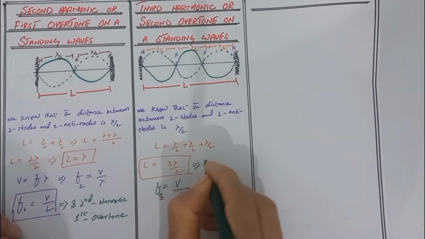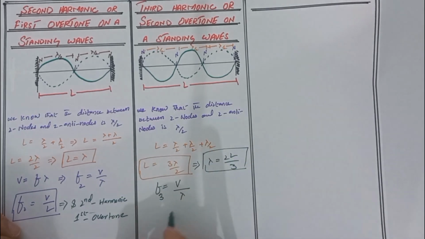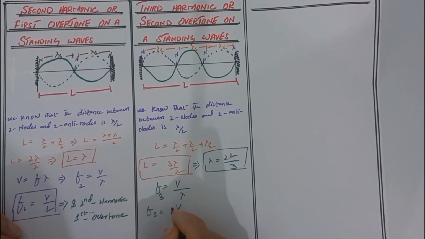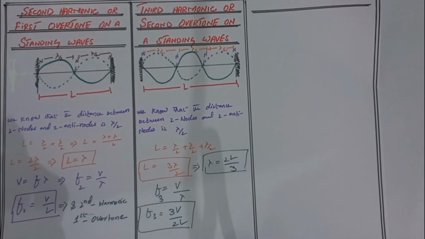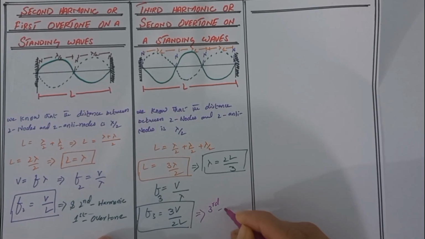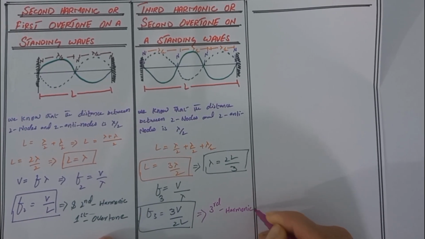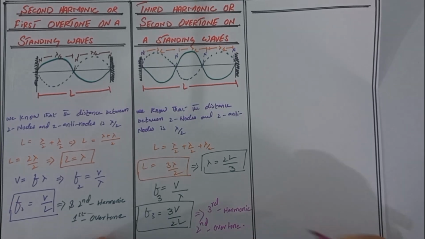The value of lambda is 2L over 3. Putting it here, we get 3v over 2L. This is the third harmonic, or second overtone, on a standing wave.